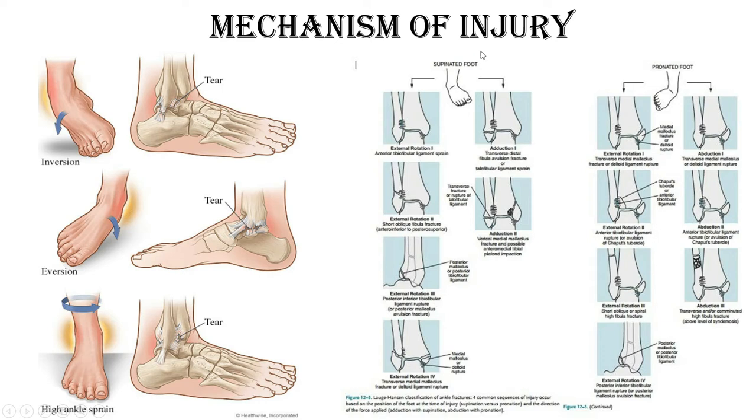Now, the mechanism of injury. The most common mechanism of injury is inversion or eversion or high sprain. High sprain means any type of internal rotation, but the movement at the ankle joint or subtalar joint is complex. As a result, the injury is also complex, and this complex injury has been described by Lauge-Hansen.